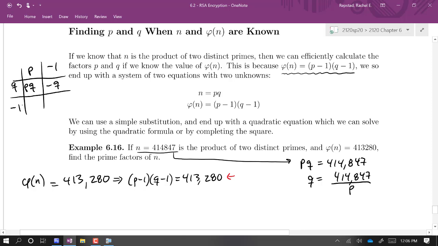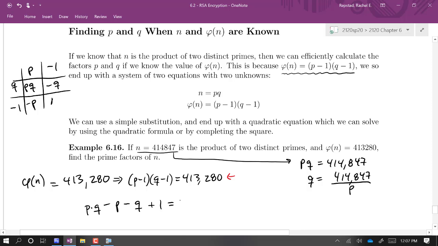On the bottom row, we have negative 1 times p is negative p, and negative 1 times negative 1 is positive 1. So this product is p times q minus p minus q plus 1.